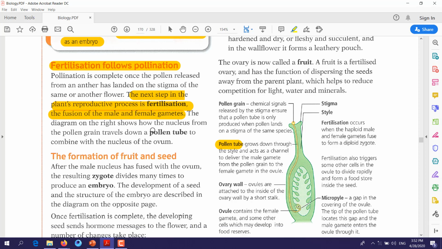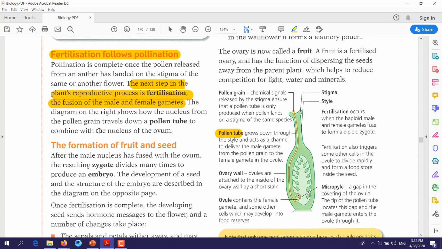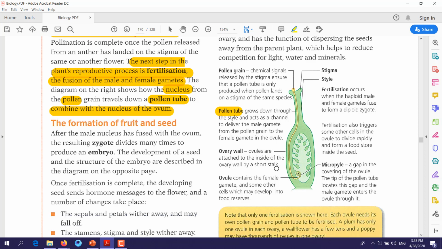The diagram on the right shows how the nucleus from the pollen grains travels down a pollen tube to combine with the nucleus of the ovum. If you look at this diagram, the green part is the female reproductive organ. It's the pistil.